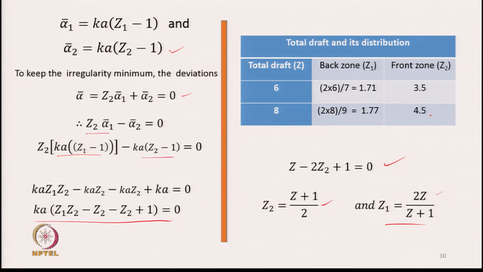So, we see that this theory can give us some idea about the distribution of draft in the two zones, so that we can minimize the generation of drafting irregularity.